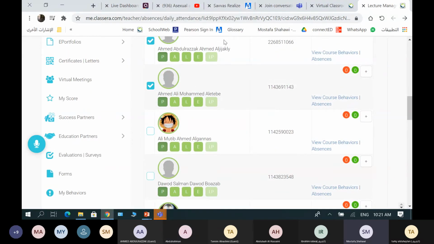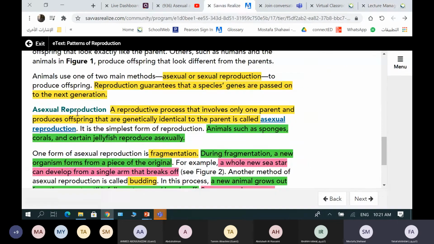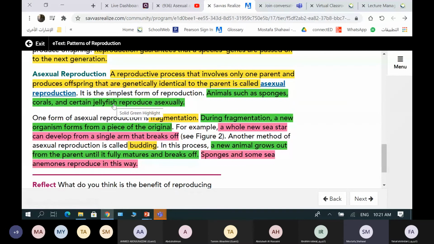A reproductive process that involves only one parent and produces offspring that are genetically identical to the parent is called asexual reproduction.